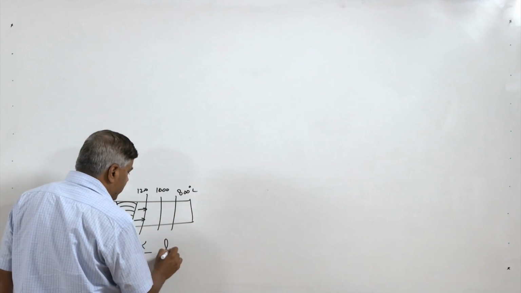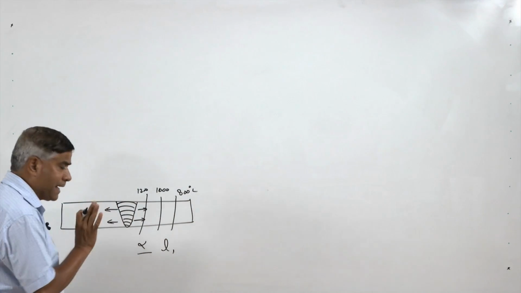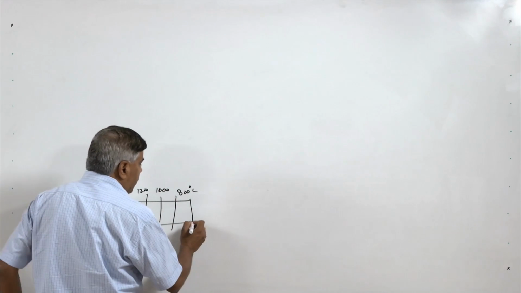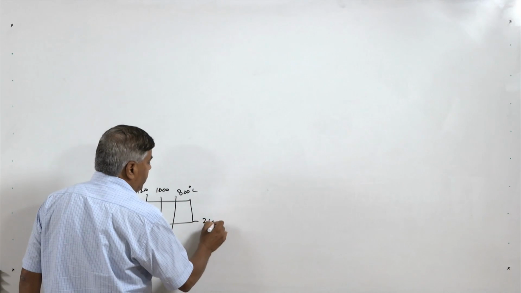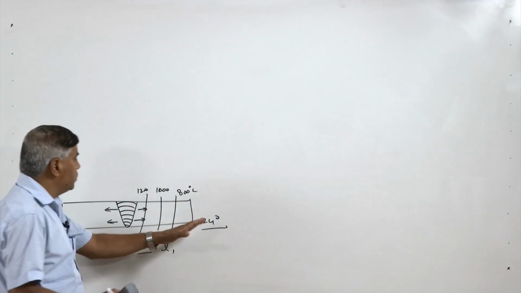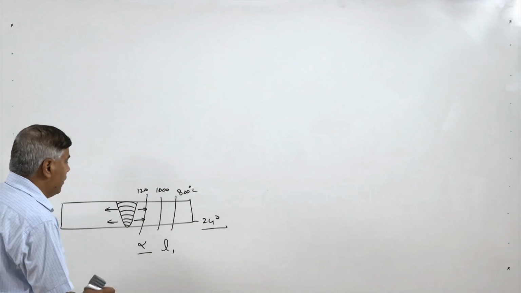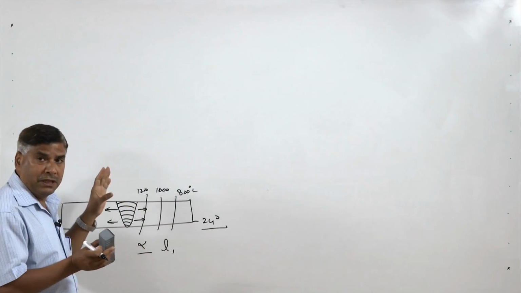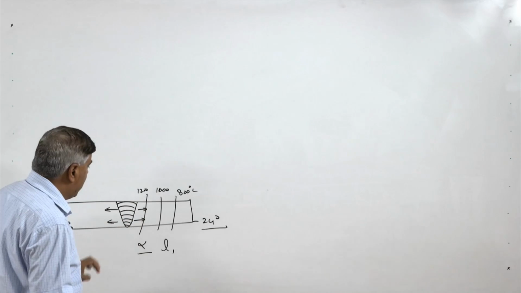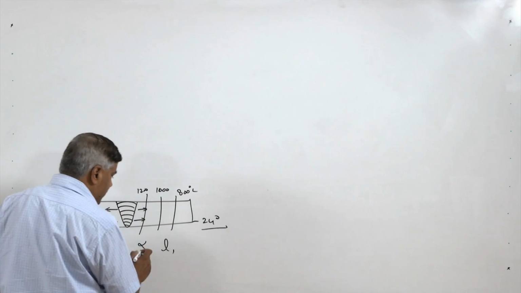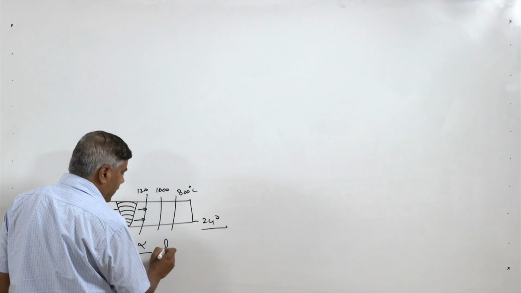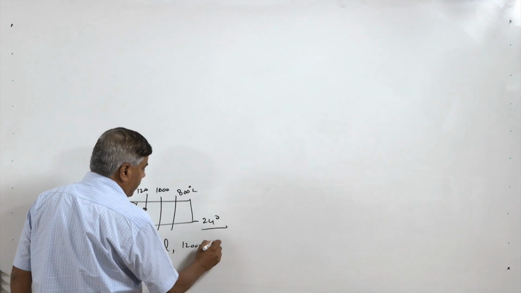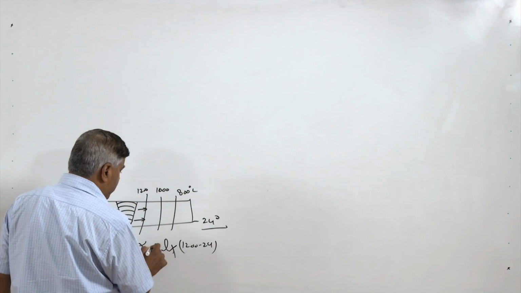Considering the unit length of each segment is L, the rise in temperature of this plate from 24 degrees centigrade to the higher temperature will result in different amounts of expansion and then contraction. How? If we see here, this one is alpha L delta T, so 1200 minus 24 multiplied by this.